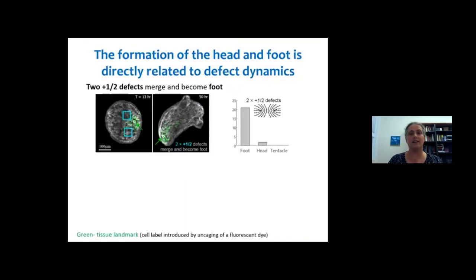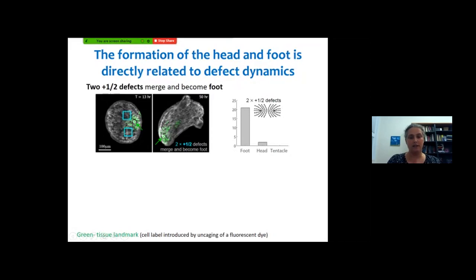What's striking is that the defect configuration and its dynamics are closely related to the morphogenesis process and the formation of morphological features. When we see these 2 half defects merge to form a +1 defect, this will predominantly become the foot of the regenerated animal. So the 2 +half defects meet, and this meeting point is the site where the foot will form.